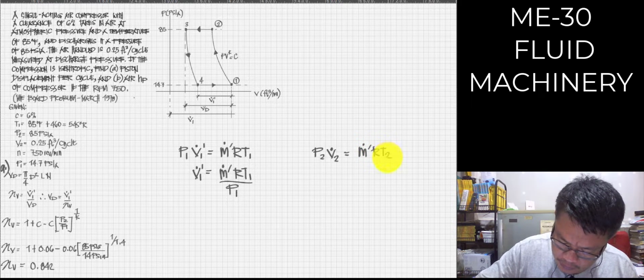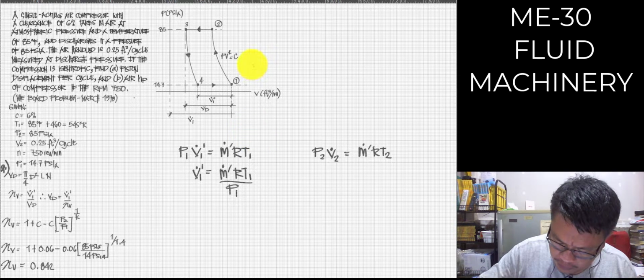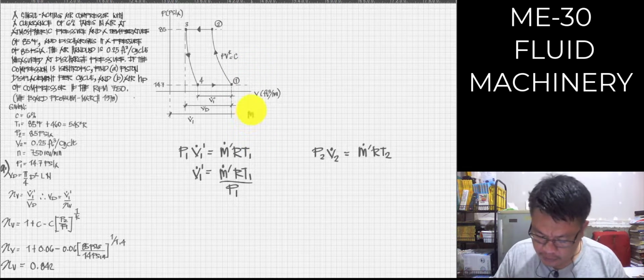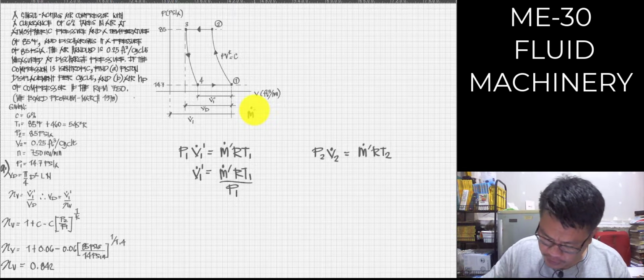Okay, since the mass flow rate here at point 1 and also at point 2 are equal. Okay, so let's try to write that one here. So our mass flow rate prime at point 1 is equal to the mass flow rate prime at point 2.